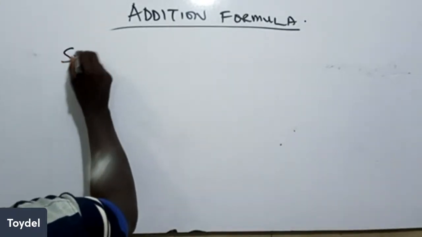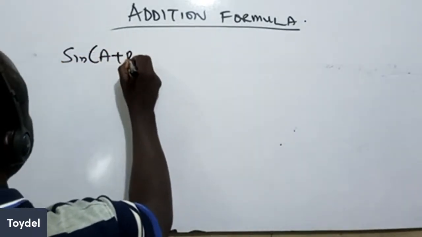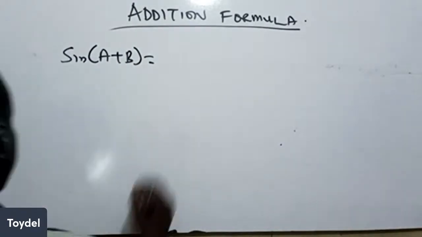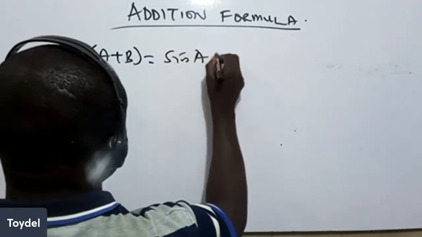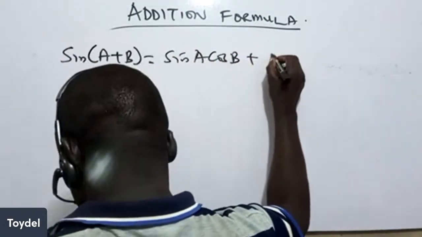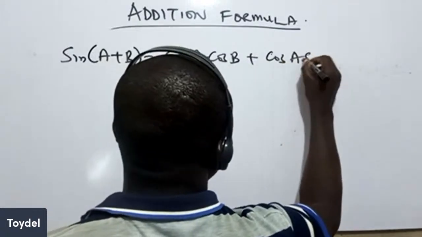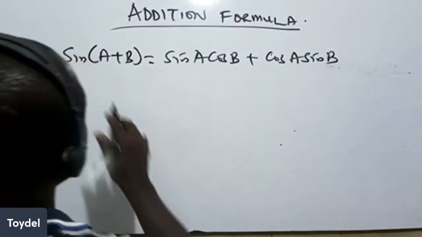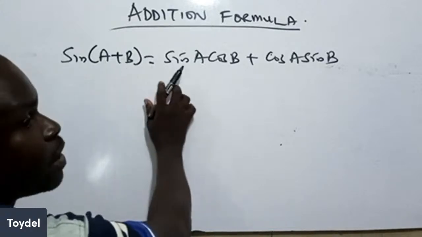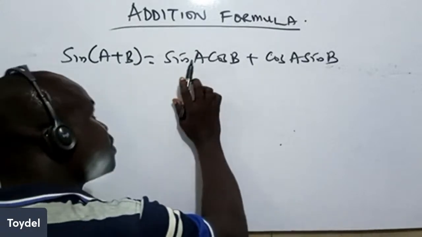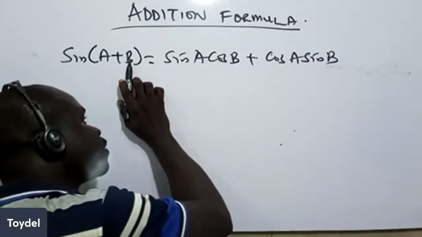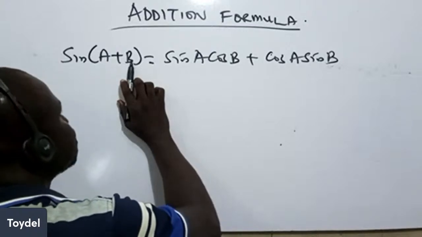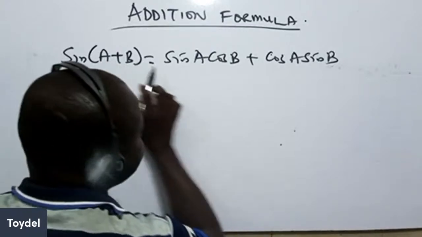The addition formula can be summarized as follows. The first one: if you have sine of two angles, say angle A and B, the sine of A plus B will give us sine A cos B plus cos A sine B. You first pick the sine of the first one, followed by the cos of the second one, then plus the cos of the first one, followed by the sine of the second one.